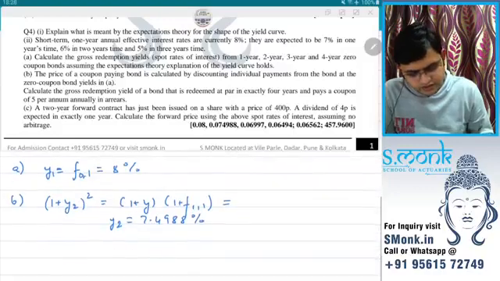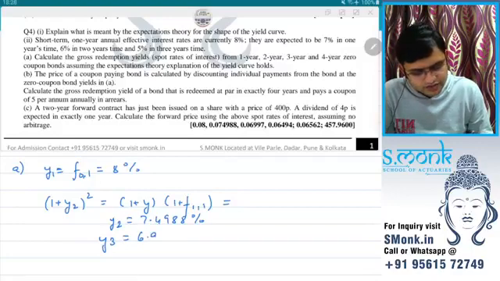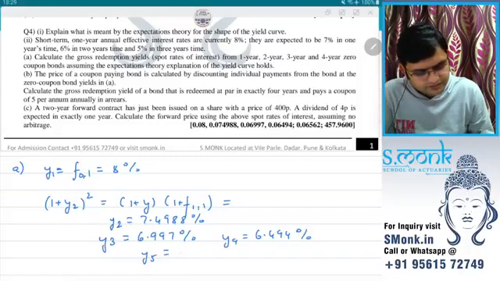7.4988%. Then similarly y3 would be 6.997%, and y4 6.494%, and y5 would be 6.562%.